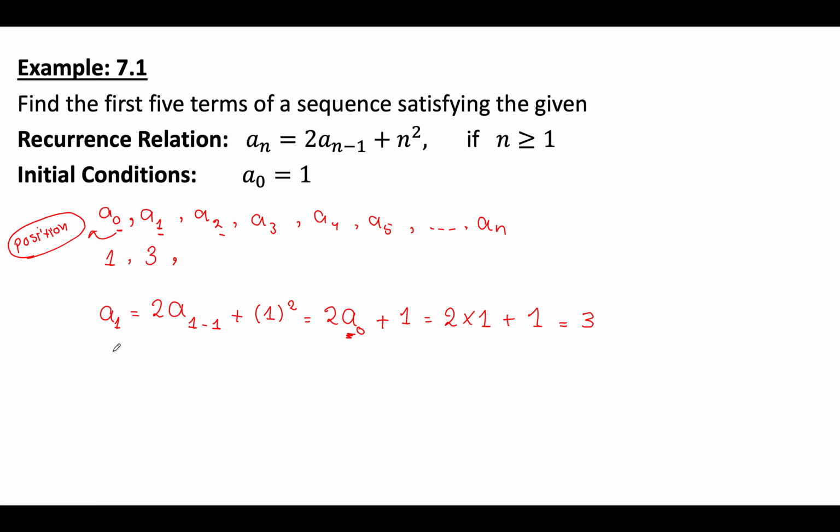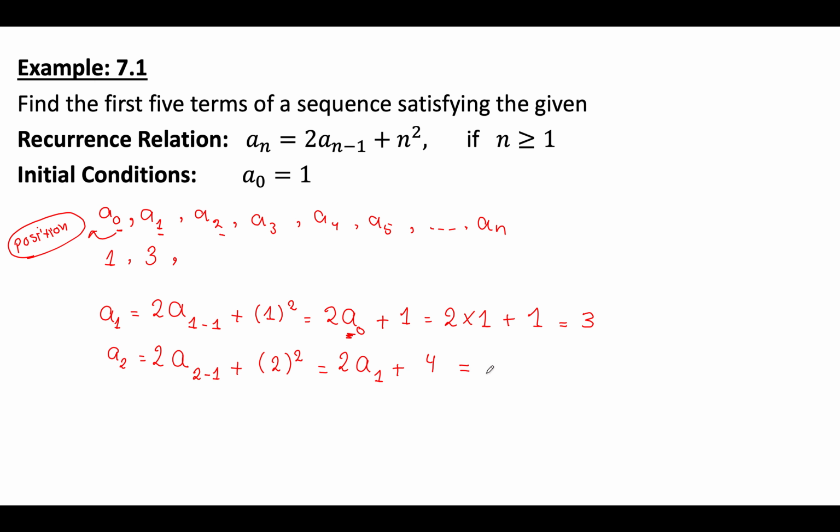Now let's move to the third term, which is a2. a2 is equal to 2a_(2-1) plus 2 squared. All right, this is equal to 2a1 plus 4.